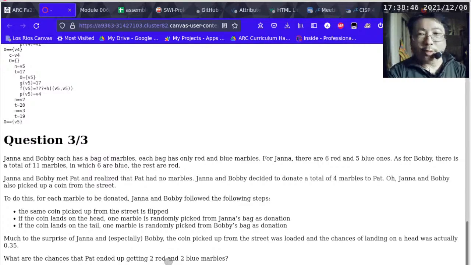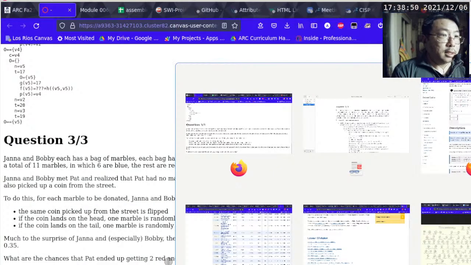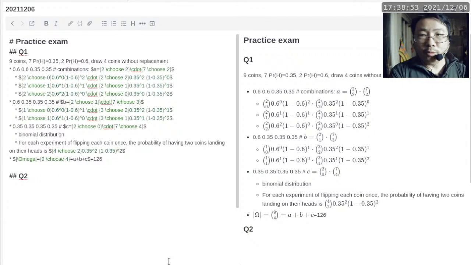Alright, so let me just write it down. I'm going to jot it down in Joplin because it does get a little bit wordy if I were to verbally explain it. So I'm going to skip to question number 3 here. Alright, so there are 5 possible cases here.